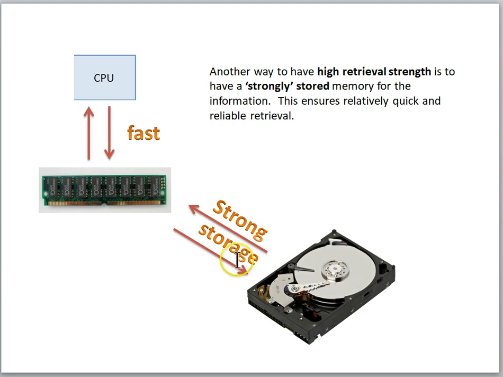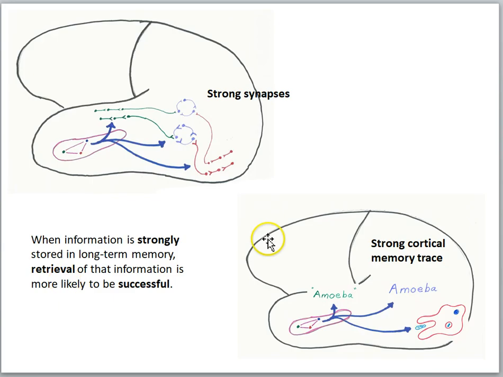Strong storage means that you can get at that information relatively quickly and reliably. And so when information is strongly stored in long-term memory, retrieval of that information is more likely to be successful. Again, strongly stored means we've got strong synapses in the cortical memory trace, and we've got that information integrated into semantic memory, and we can access that information quickly and easily.